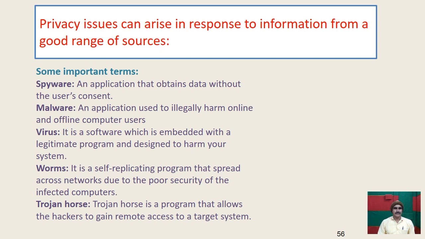Worms are self-replicating programs that spread across networks due to the poor security of the infected computers. Means it is one type of corrupting software which replicates many times and spreads all over a network, and due to poor security it can harm your computer system. Then Trojan horse.